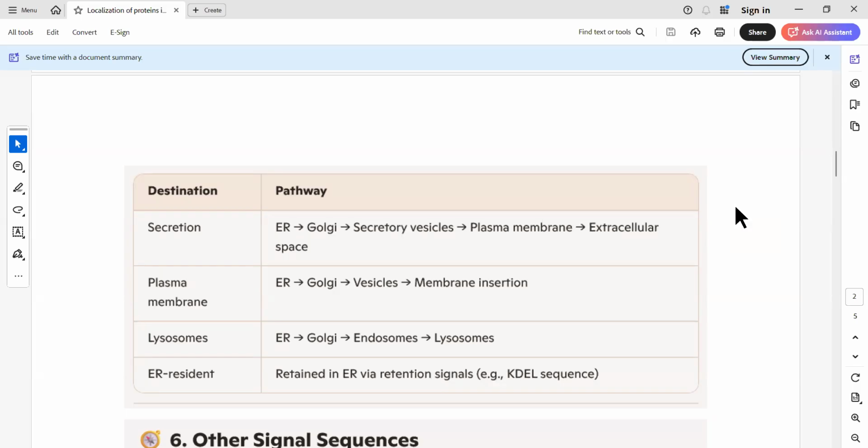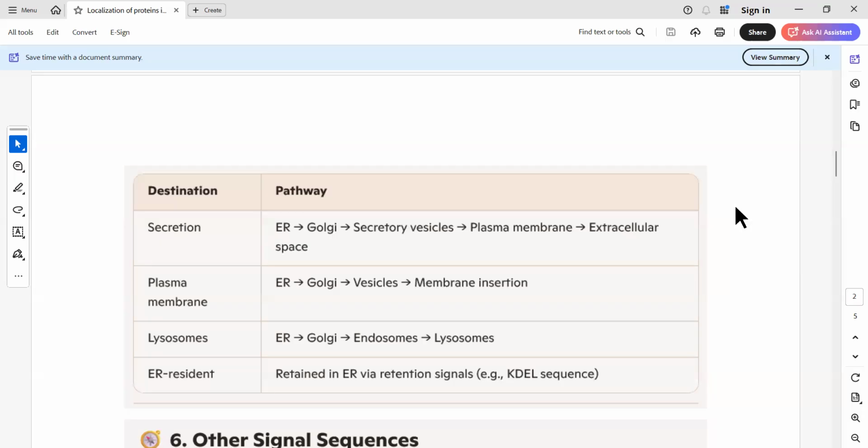What I mean to say is that if that signal is present within a protein, it doesn't necessarily mean it won't go to the Golgi apparatus. It might still be transported to the Golgi through COP2 vesicles.